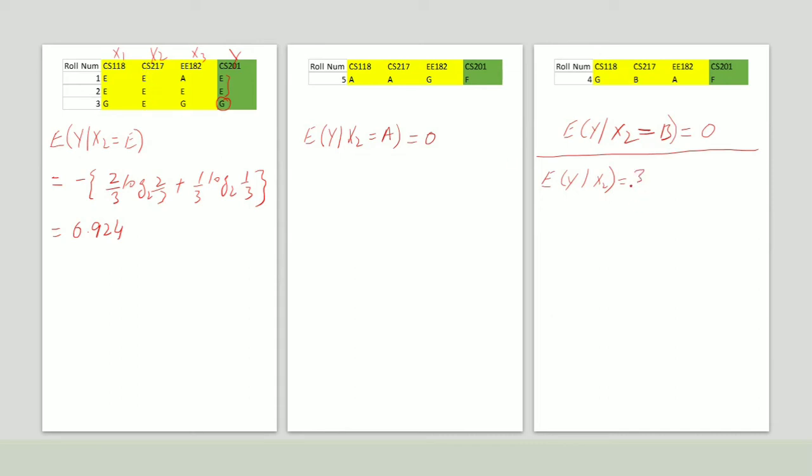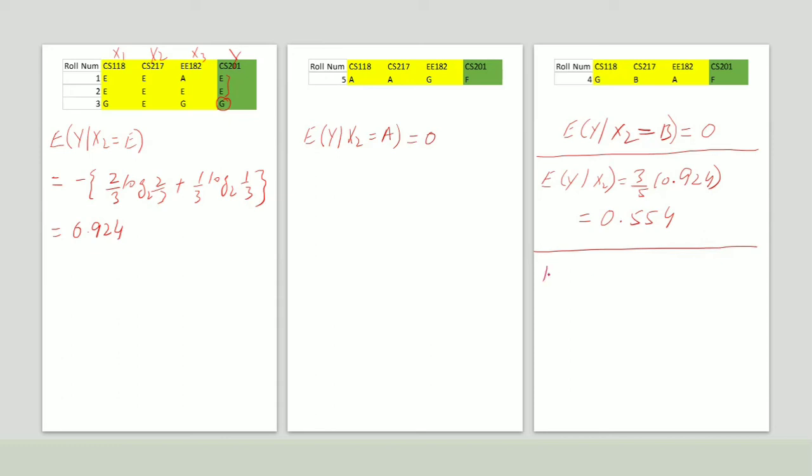So out of 5, I have 3 records in the first partition, and the entropy of the first partition is 0.924. And the remaining two values are zeros. The result is 0.554. So the average entropy of the X2 column is 0.554.